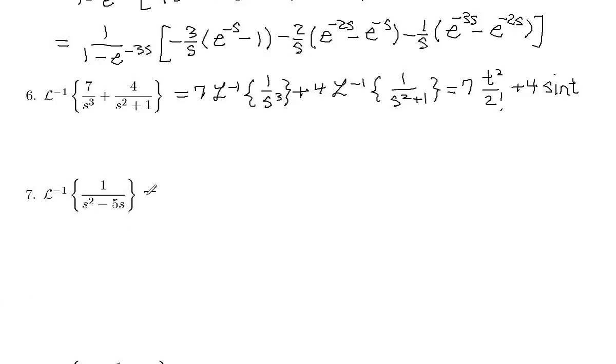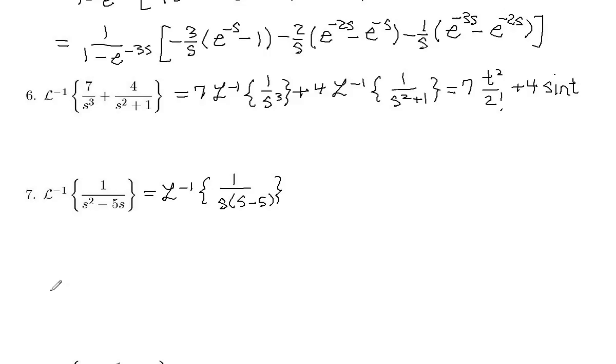And then here, you should recognize you got a common factor of s, so this is the inverse transform of 1 over s times s minus 5. Okay, and we can't just split apart the multiplication and do the separate transforms. We have to do partial fractions on this one.